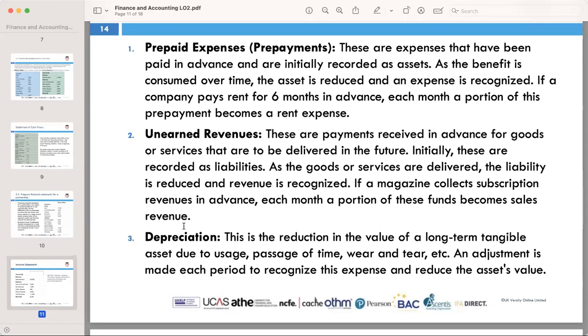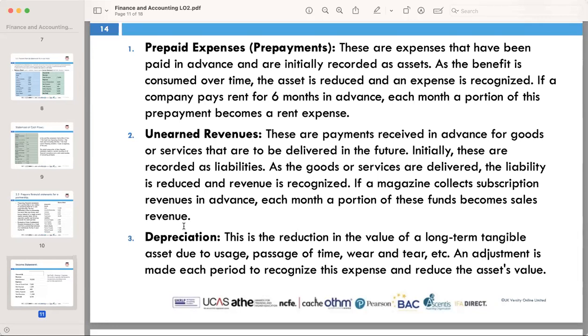Here, talking about depreciation. Depreciation refers to the reduction in value of a long-term tangible or fixed asset over time. This reduction can occur due to factors like usage, passage of time, wear and tear, and so on.